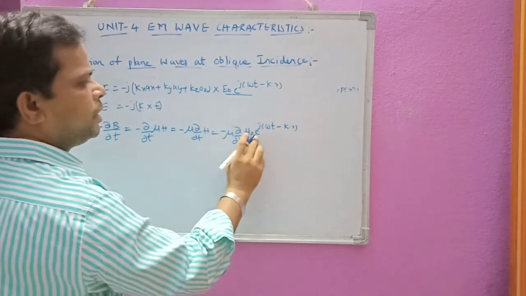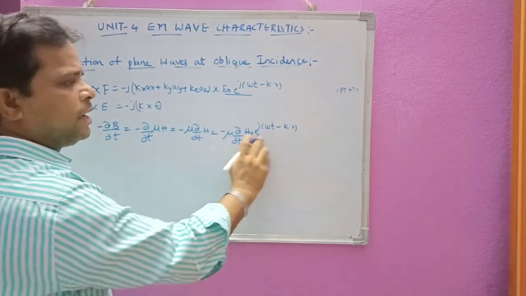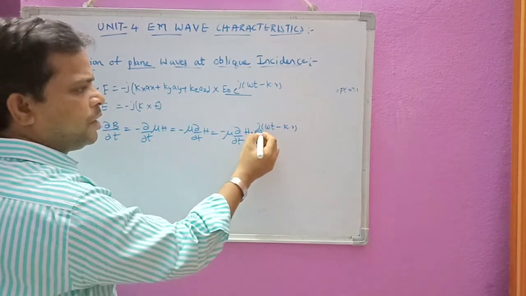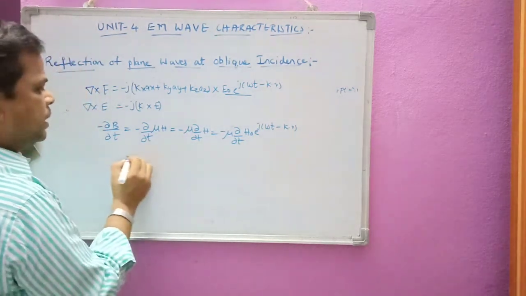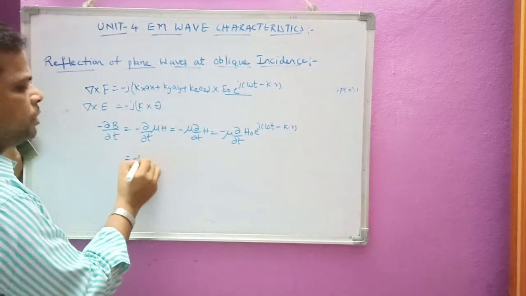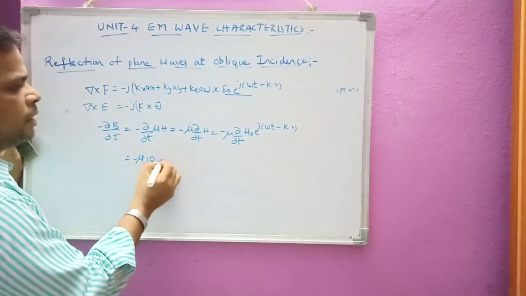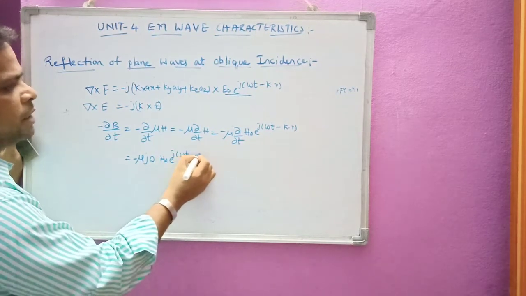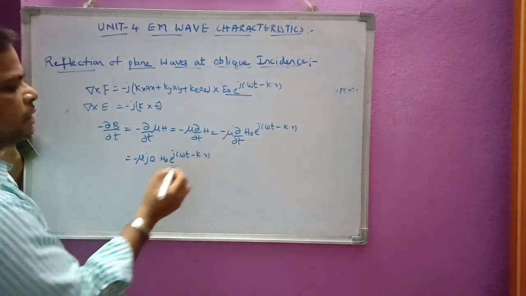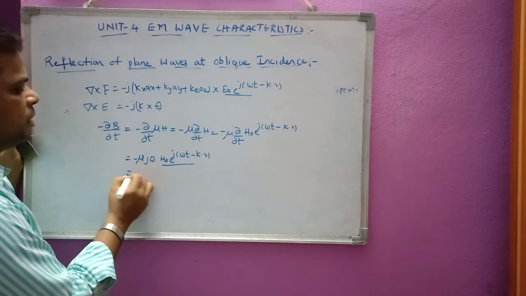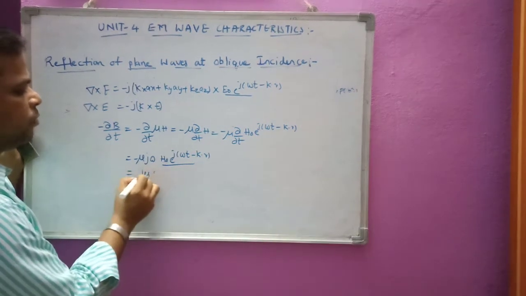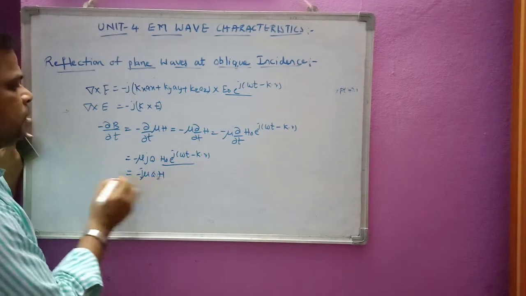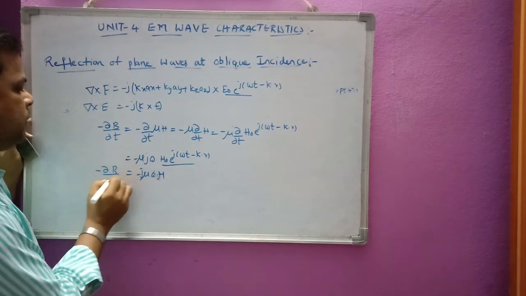Now we are differentiating this factor H with respect to t, so with respect to t I have j and omega here. I can write minus mu into j omega into H naught into e power j(omega t minus k dot r), and this factor is again equivalent to H, so minus j omega mu H I can write. So I got dou B by dou t.